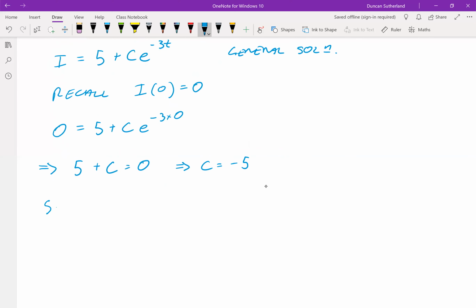So our particular solution is I equals 5 minus 5 e to the minus 3t. Okay, we're done.